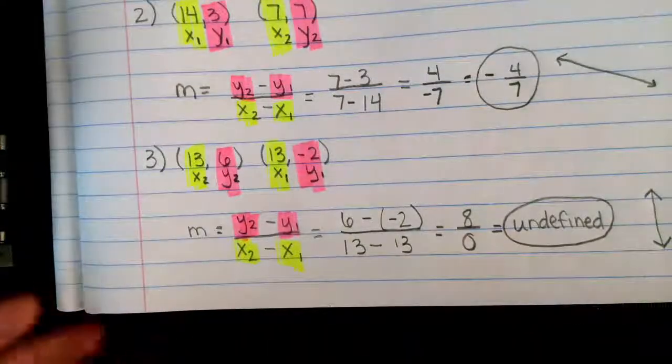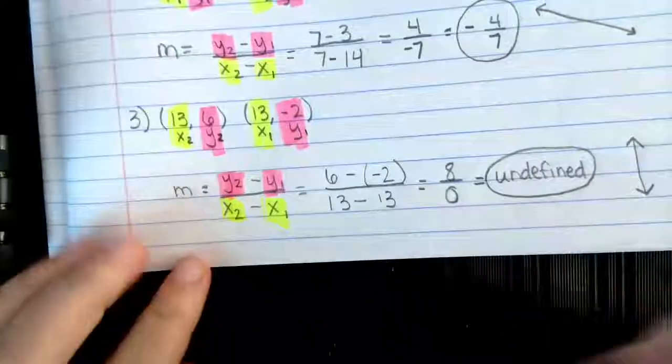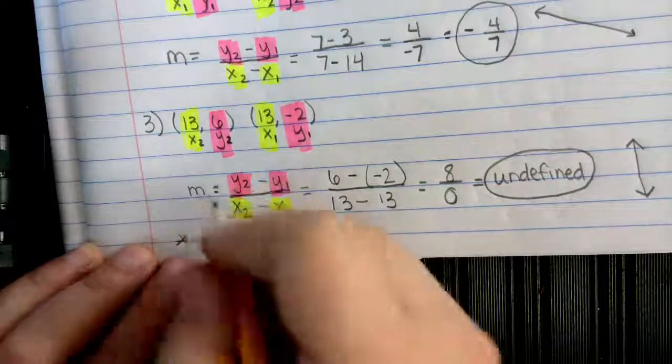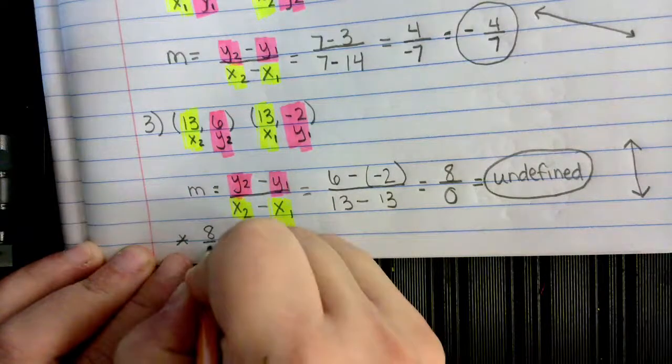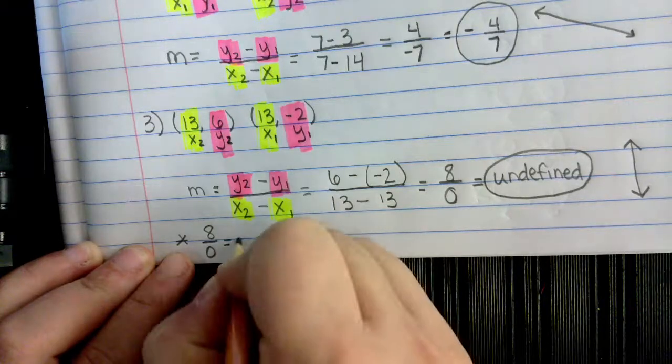All right. I had way more space last class than this class. If you have room, just make a little note, down here or in the margin. Quick note: if you have a number like 8 over 0, with 0 on the bottom, we're going to have an undefined line.